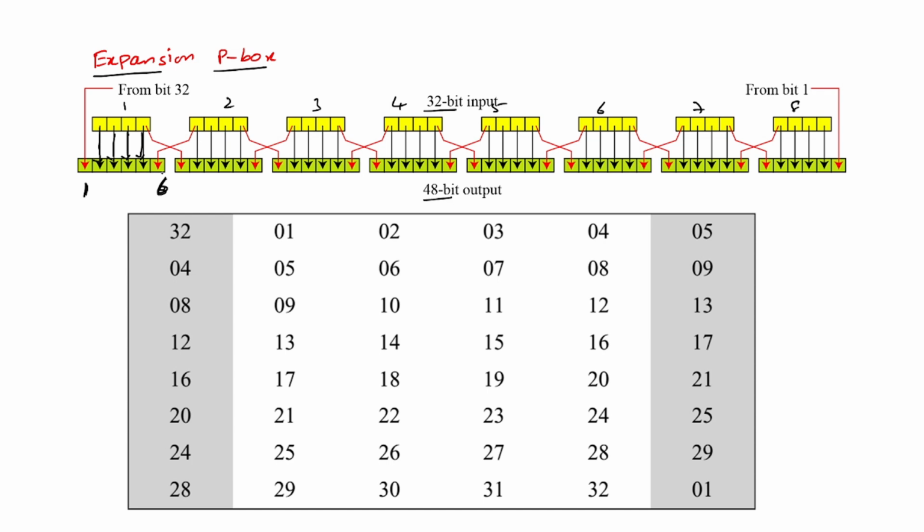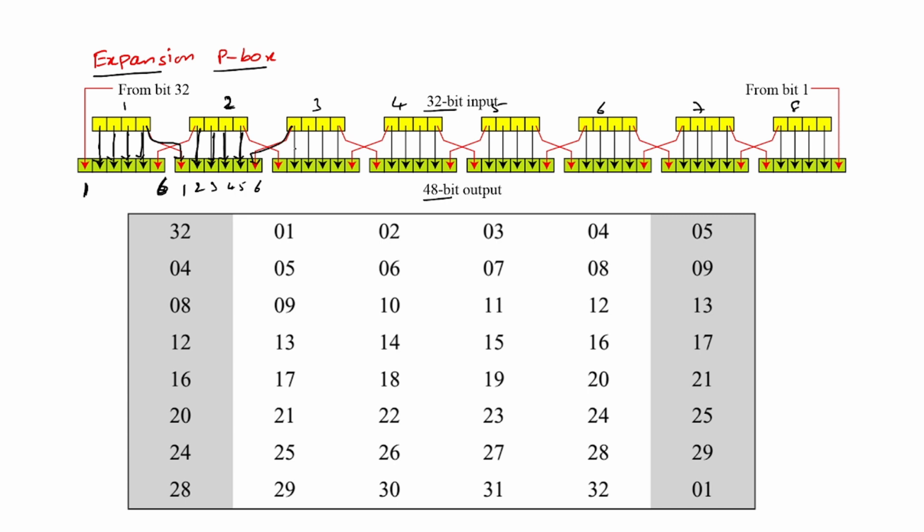Suppose you take the second part: you need to write all the 4 bits in positions 2, 3, 4, 5, and then the first and sixth positions. In the first position we need to take the fourth bit of the previous part, and at the sixth position we need to take the first bit of the next part.